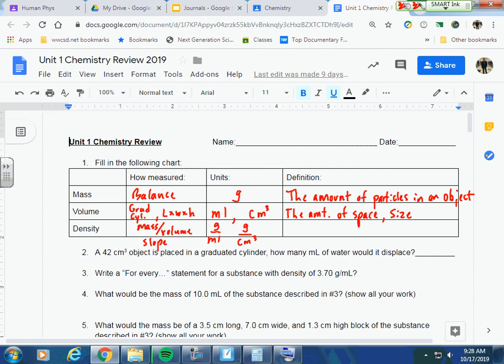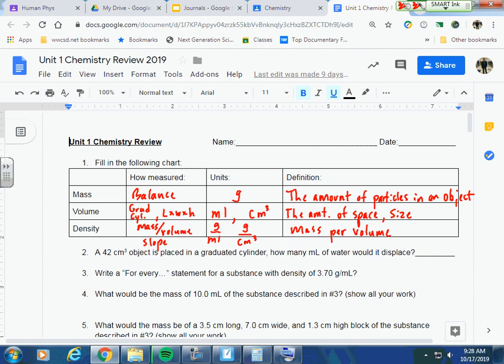And the definition, it's the mass per volume. These definitions, notice I'm not giving the exact accurate scientific definitions, just showing that we could explain what they are. The amount of mass per unit volume, something like that.